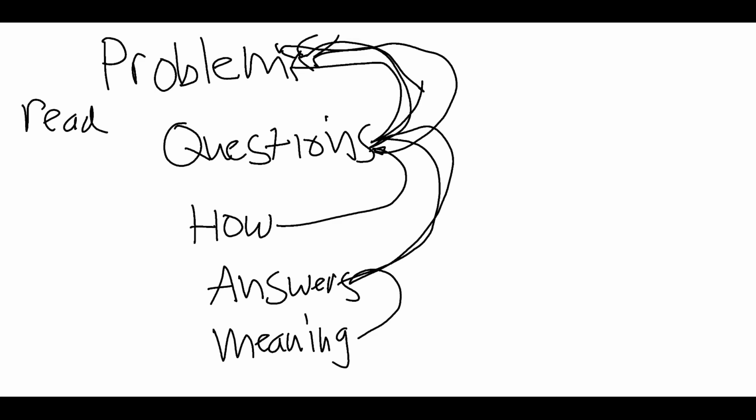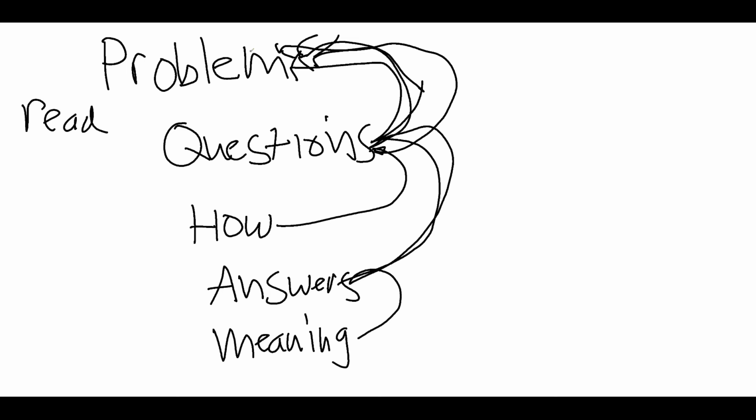And so this is how research works in the social sciences, in that it's all about having a problem, asking questions about that, explaining how you will answer the questions about your problem, sharing the answers to the questions about your problem, and sharing the meaning or the interpretation, or you could say the conclusions about the answers to the questions of your problem.